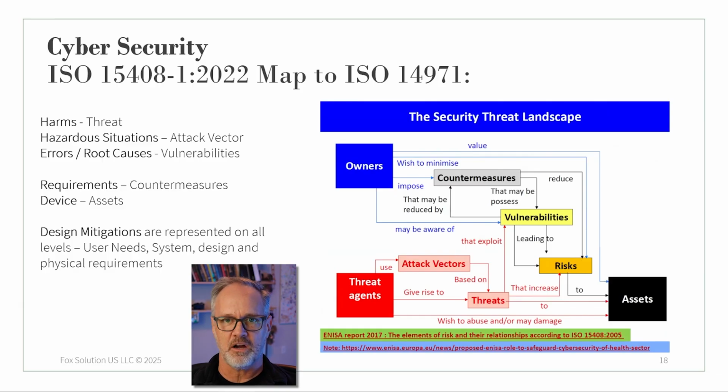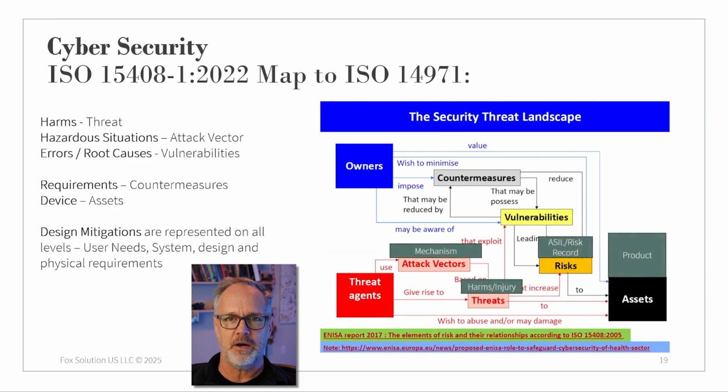And just to talk through this a little bit, we have an owner, we have countermeasures and vulnerabilities. Those countermeasures, how do they possess vulnerabilities? What's the relationship between vulnerabilities and countermeasures? What's the relationship between those vulnerabilities and how they lead to risks? And then we have threat agents and attack vectors. So this is a little bit of a different vernacular, although it's really kind of the same.